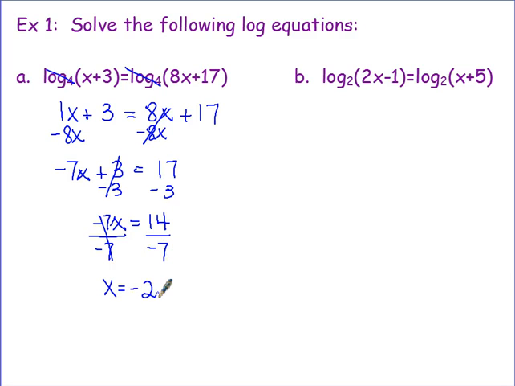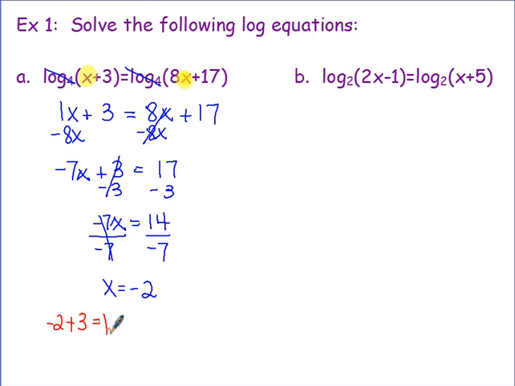Now we don't put a box around that yet. We're going to check this number in this spot and in that spot. So here, if I was to put a negative 2 right there, negative 2 plus 3, and I'll write this down, negative 2 plus 3 equals what number?